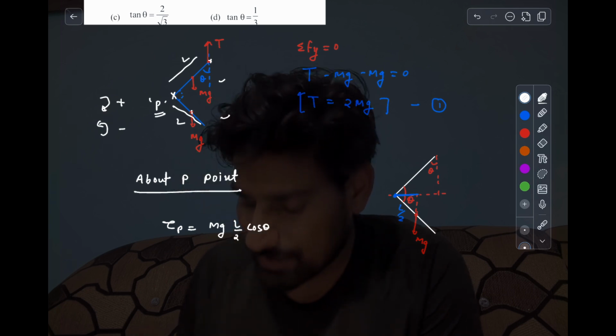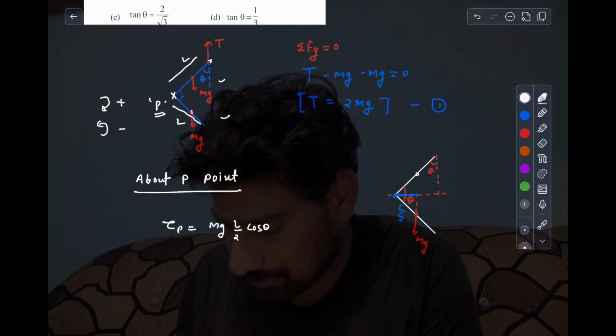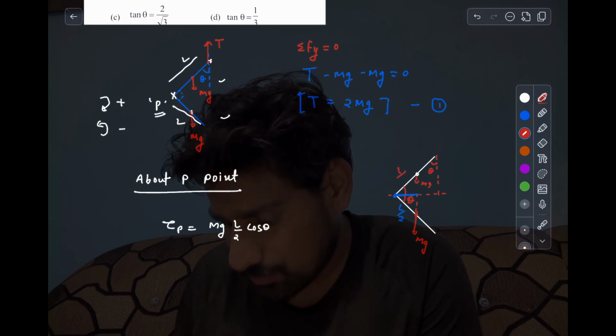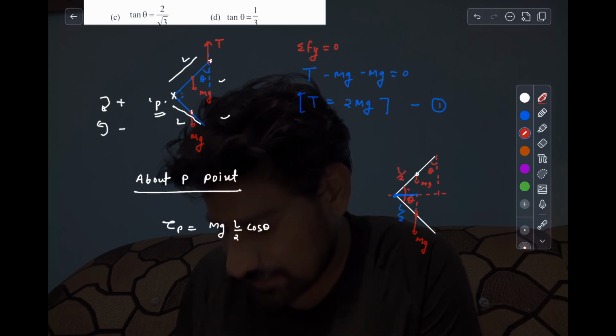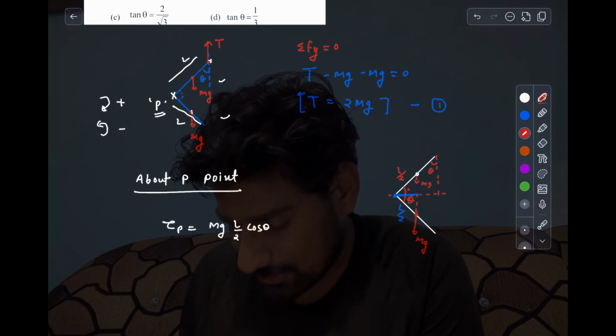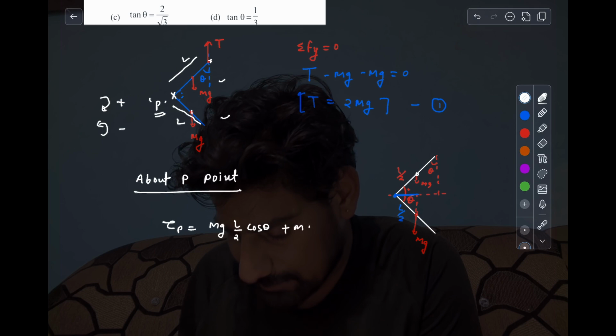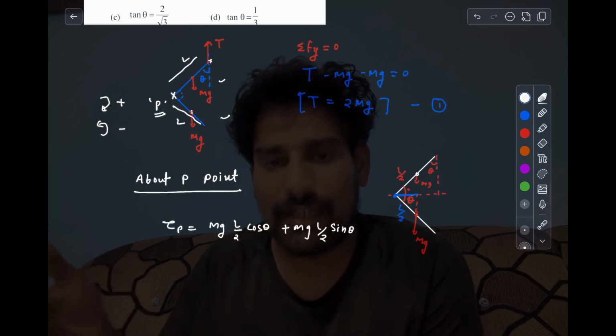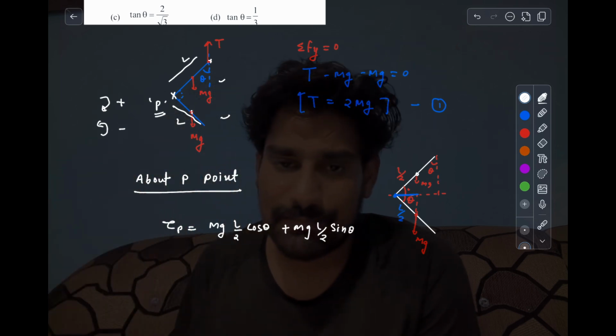All right, and then this mg will also apply a torque. Here there is a mg, and this distance is also L by 2, but that angle is 90 minus theta, this angle. So that is why this torque will be mg L by 2 sin theta. Why sin theta? Because if you take the cos component of 90 minus theta, that will become sin theta.